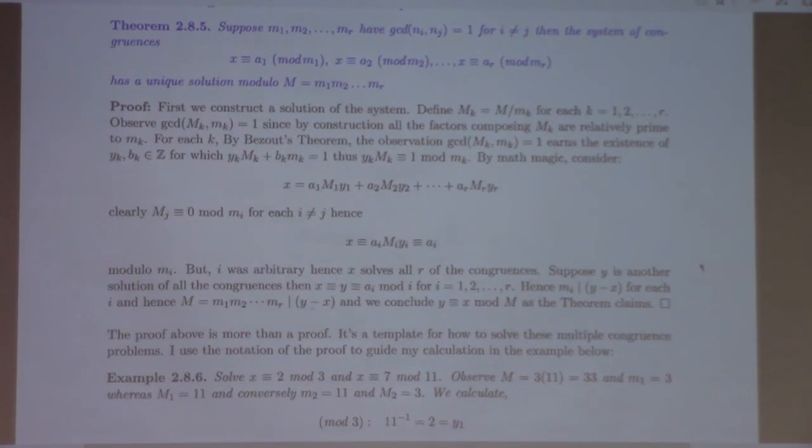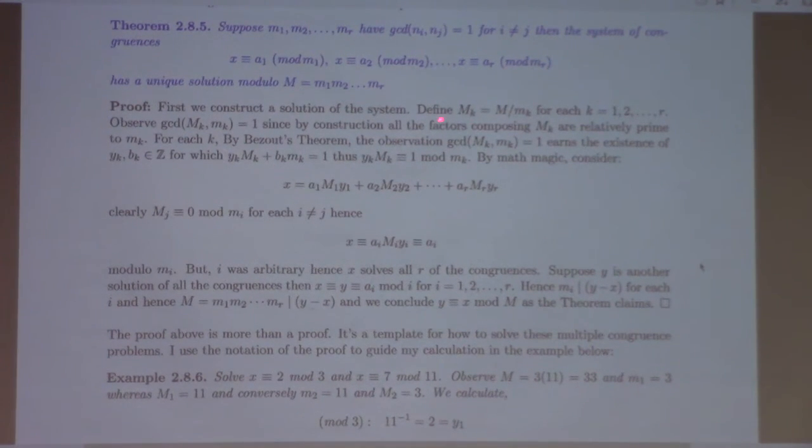So here's the way you do it. You define these big M sub k's by the product of all of the moduli, like the total modulus, let's call it big M, divided by the kth modulus. So this is a very interesting number because it has all of the moduli in it except for the one. So this is 0 mod m sub j as long as j is not equal to k.